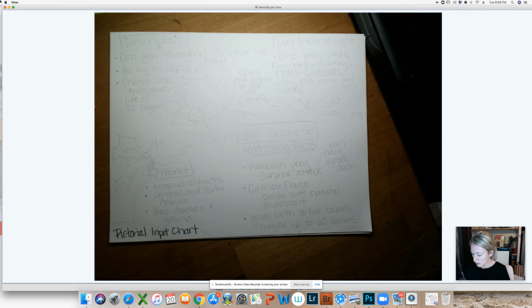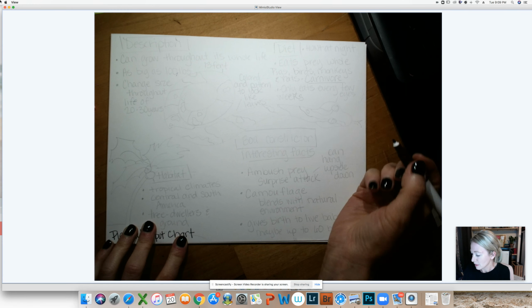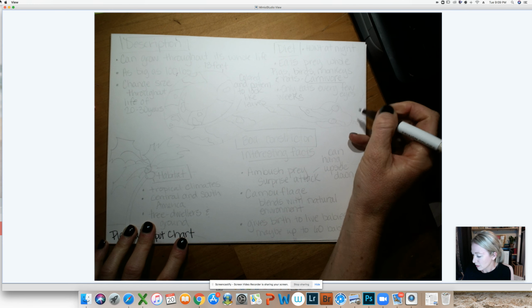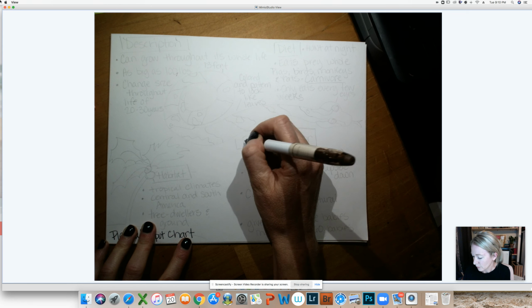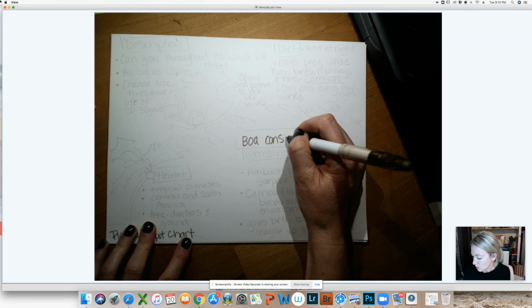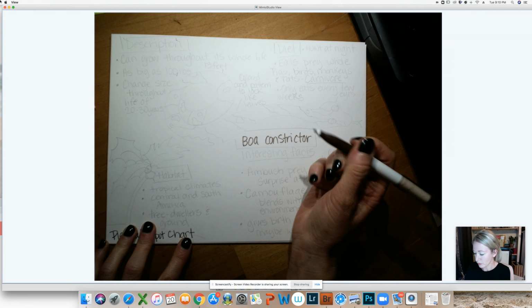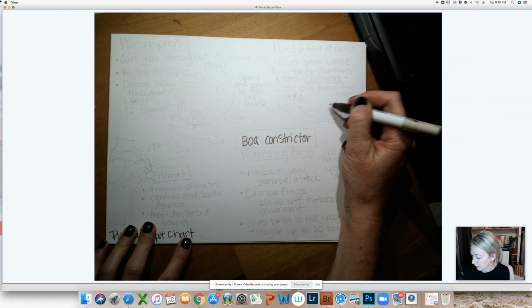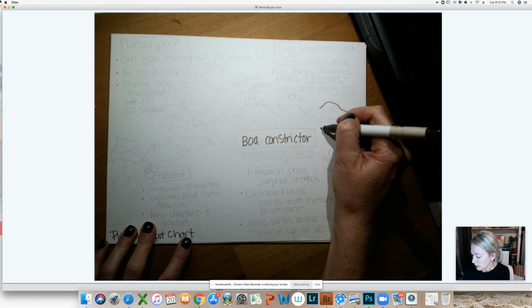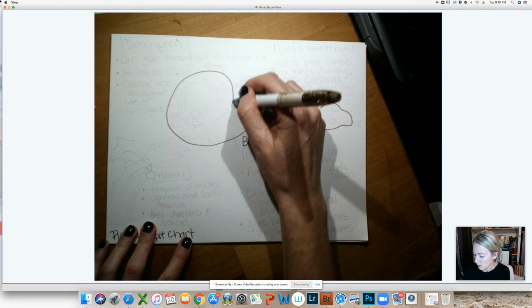Today, students, I'm going to teach you that in our story, there is a boa constrictor. And boa constrictors are brown and gray. Teachers, you do not need to be an artist for this.